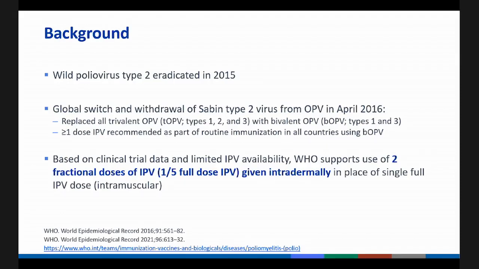At the same time, it was recommended that countries that still used OPV include at least 1 dose of IPV as part of their routine immunization schedule. Subsequently, based on clinical trial data and limited IPV availability in some countries, WHO has supported the use of 2 fractional doses of IPV given intradermally in place of a single full dose.